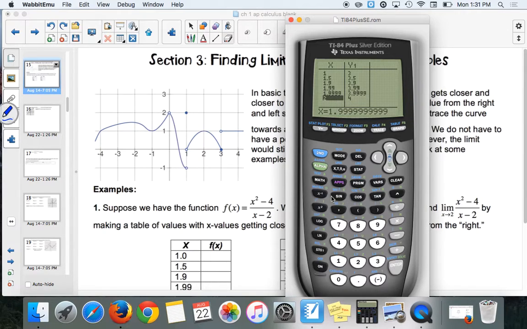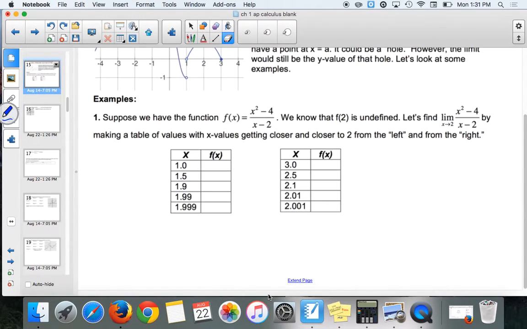It actually gave me 4, but it shouldn't. It's giving me 3.99999. So the pattern is that each time it's 2 more than what we had. As I plug in 1, I got 3. As I plugged in 1.5, I got 3.5, 3.9, 3.99, 3.999.